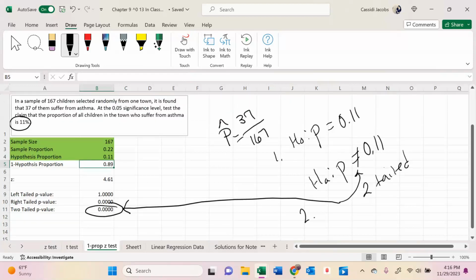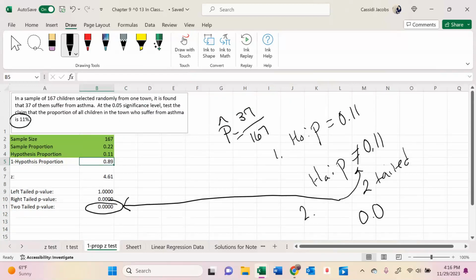So in this case, we have 0.00 is less than or equal to 0.05. So we're going to reject the null. And again, you can look at the statement sheet to write your statement. So overall, that is how we do hypothesis testing.